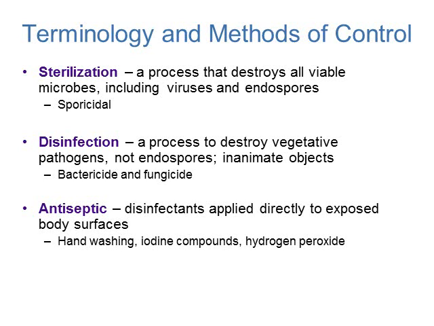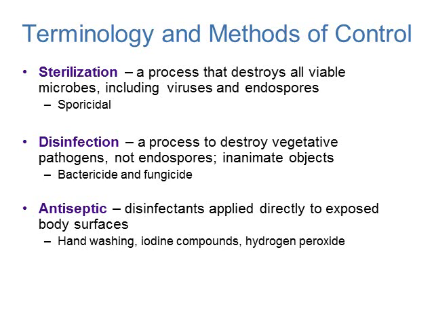Other methods are going to be called disinfection methods. So this is a process where we destroy vegetative pathogens. It does not destroy the endospores, and it's usually done on inanimate objects, so non-living things. These include bactericides, so bactericides are chemicals or methods that are used to kill bacteria.